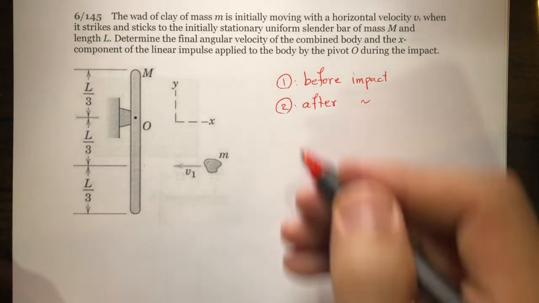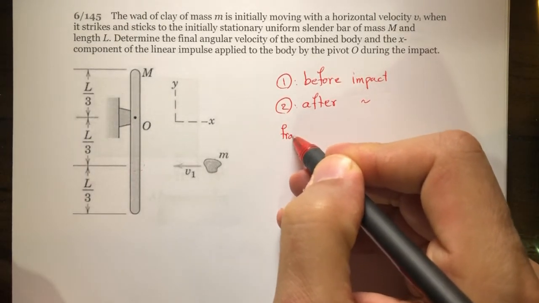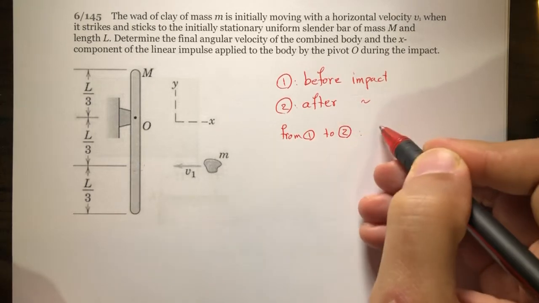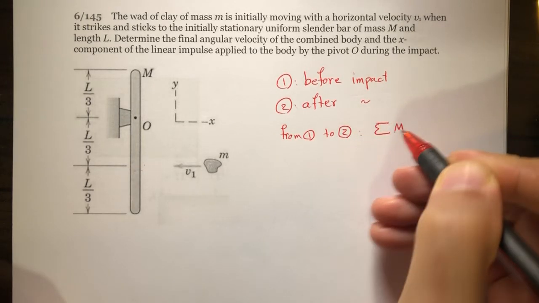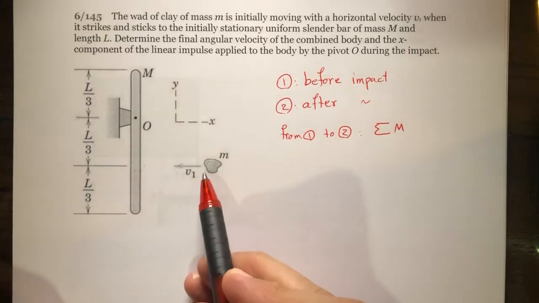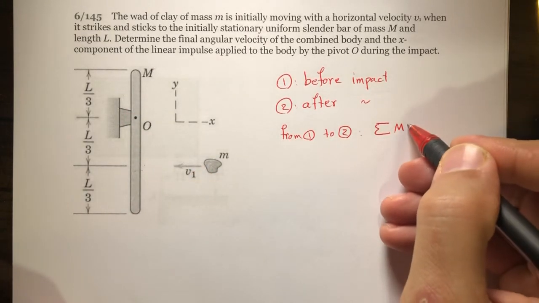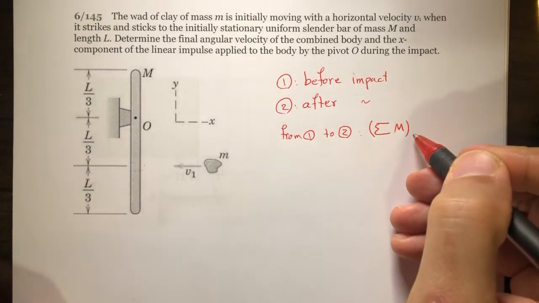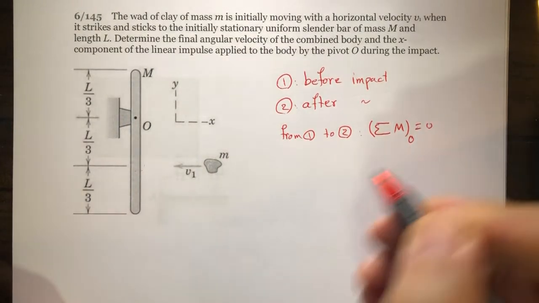From 1 to 2, the sum of the moments of all the forces that we have on this system, which means this bar and this clay together, about point O is equal to 0.